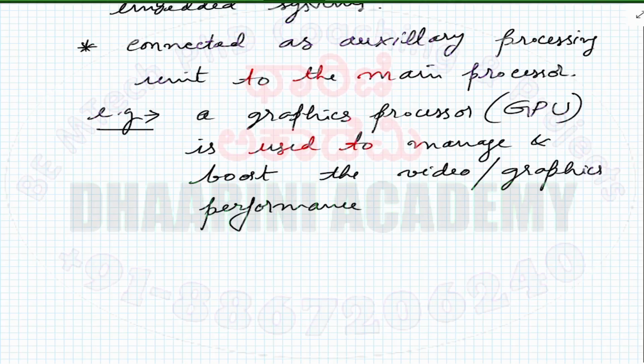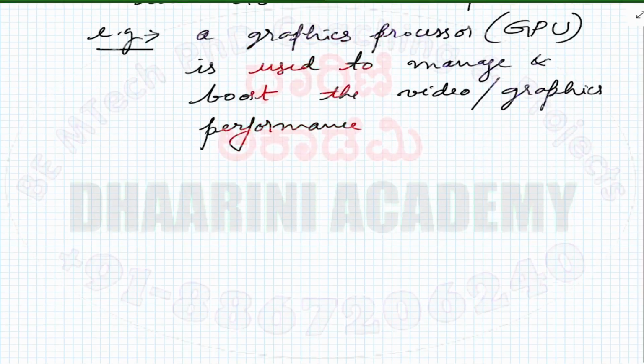GPU will have its own specific amount of memory. It also will have a separate port for the connection. It also will have a peripheral interface, etc. Okay, so this is one example of this.